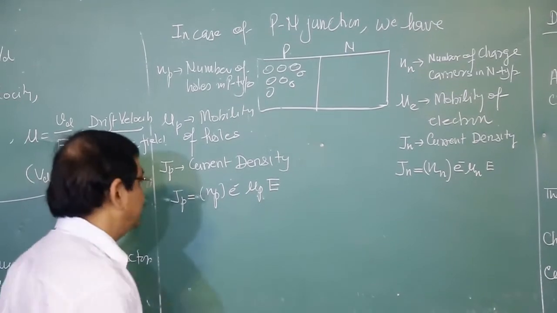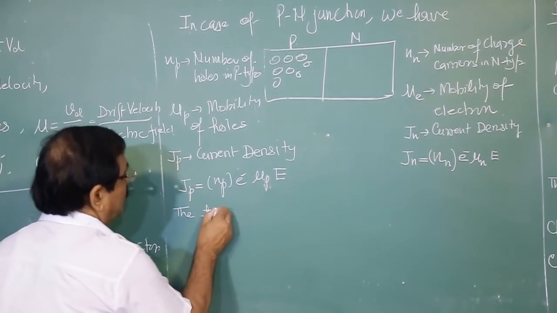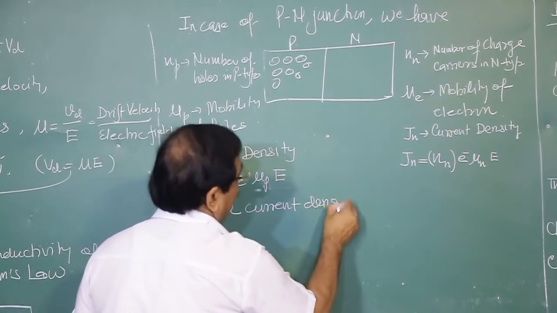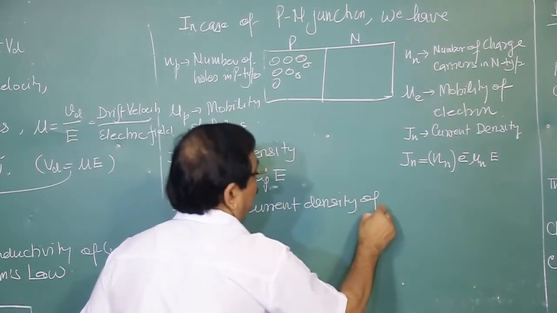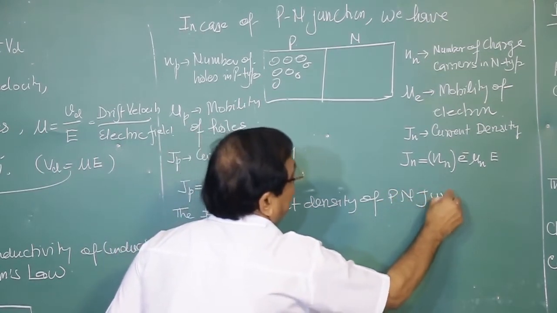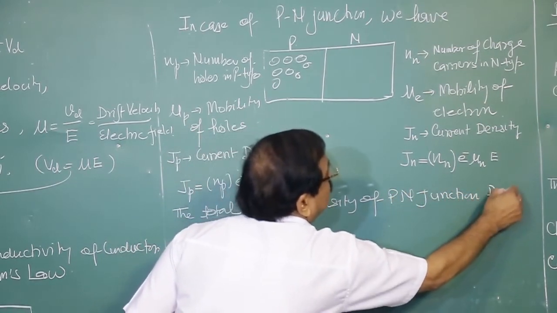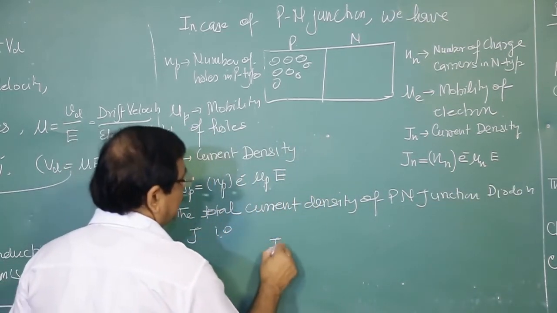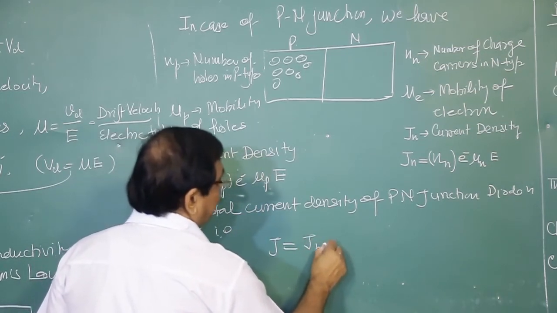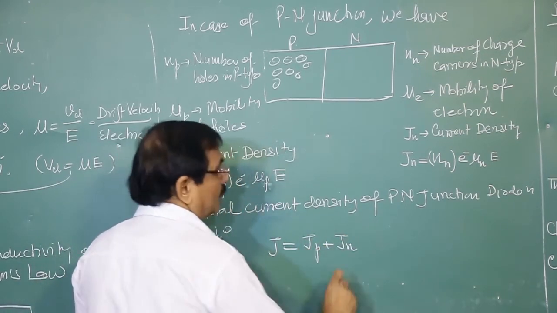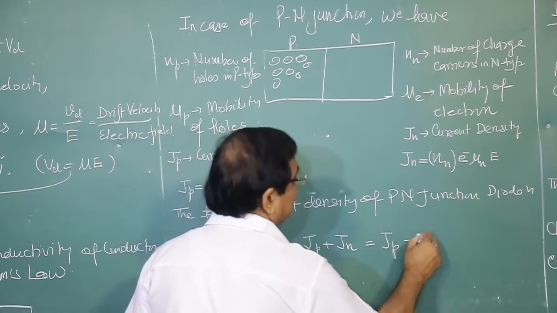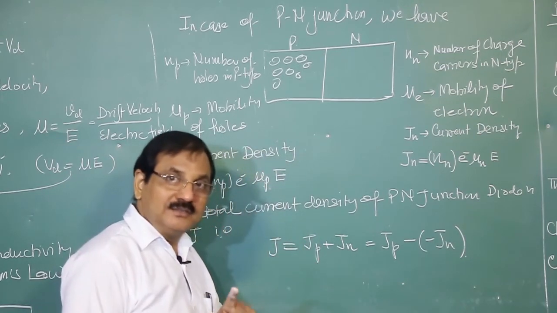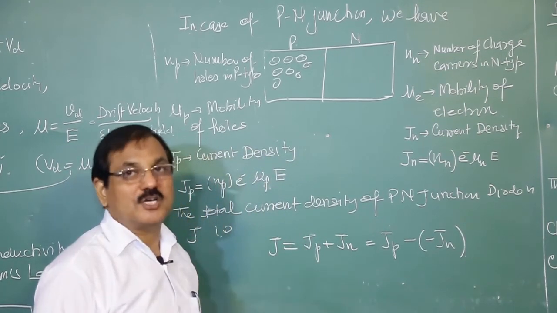The total current density of p-n junction diode is J, that is J is equal to Jp plus Jn. This can be written as Jp plus minus Jn, because the motion of electron is opposite to the motion of hole.